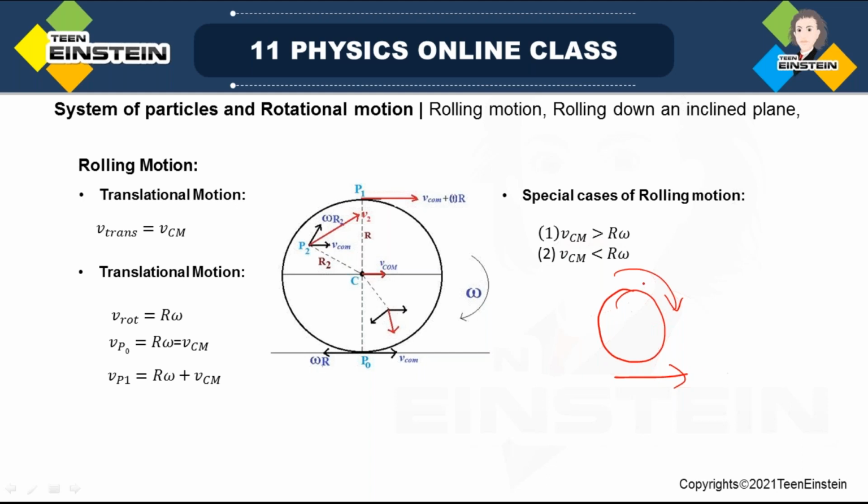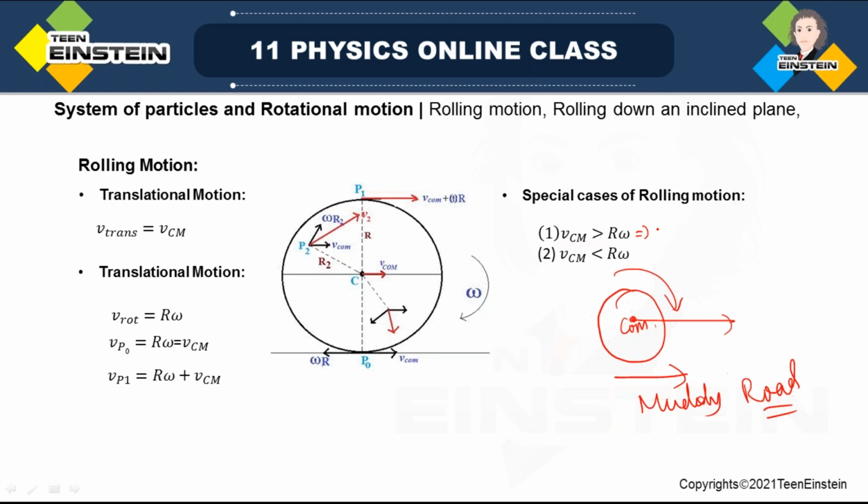Your wheel is rotating very fast, but VCM, the center of mass, is not at all moving. So this happens on the muddy road, where you have to make many rotations when your center of mass moves only a little.